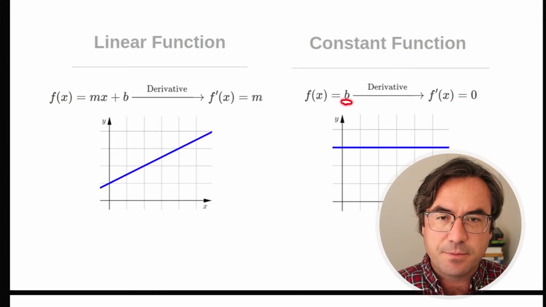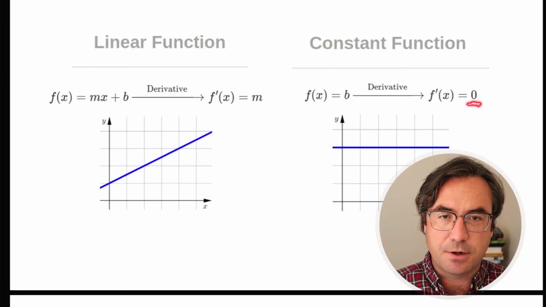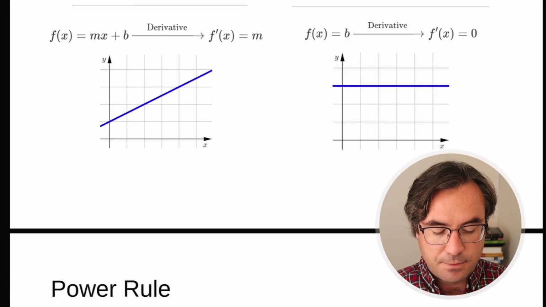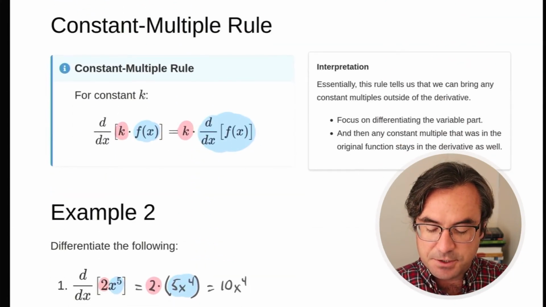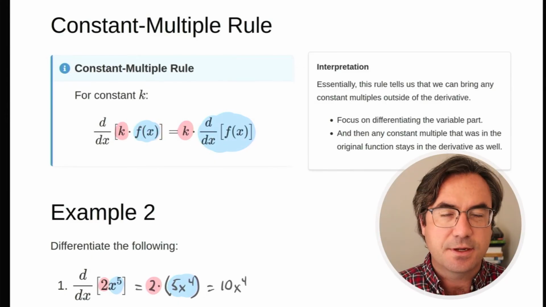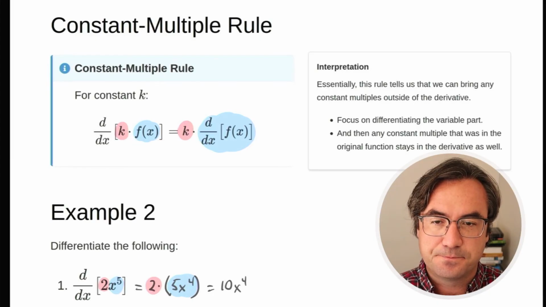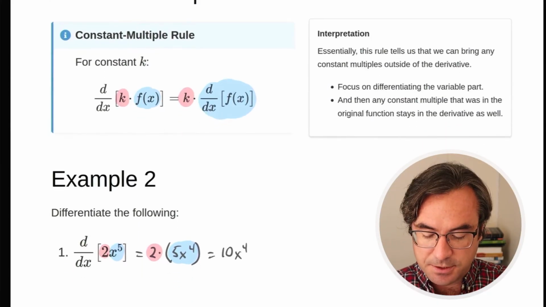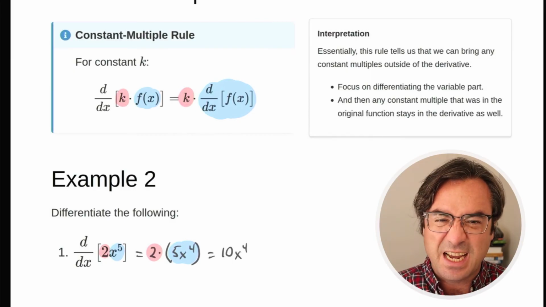So when there's no variable, it's just a constant. It doesn't change, so the change is just 0. But in the case of these constant multiples, the constant multiple is attached to a variable, so it does maintain its influence a bit in the derivative. So for constant multiples, it's important to note, a constant multiple doesn't differentiate to 0. It sticks around.